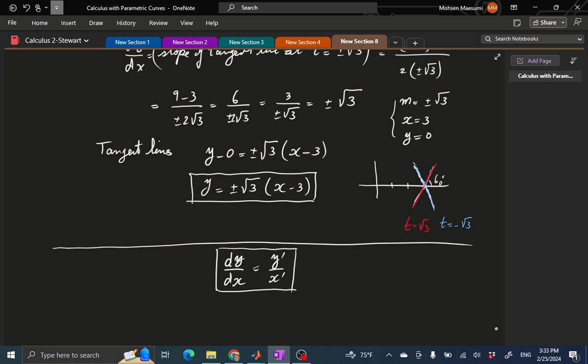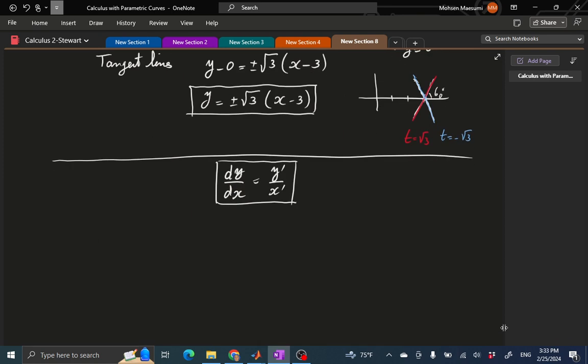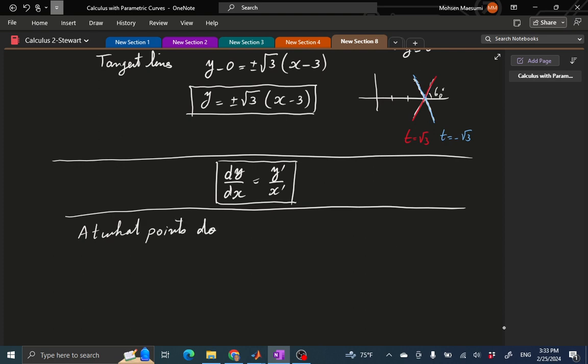Well, the next question we might be asked: at what points does the curve have a horizontal tangent line?